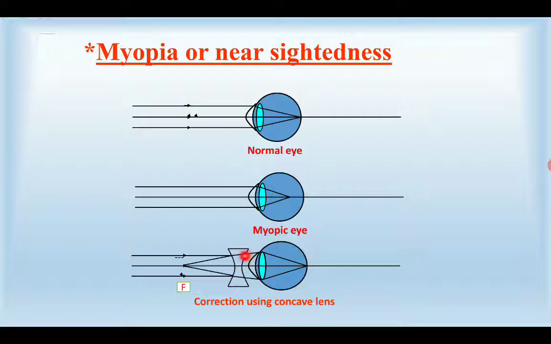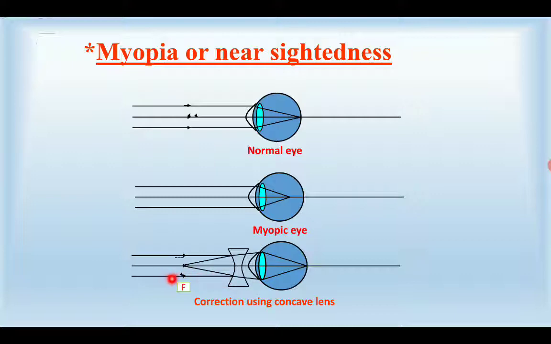Now we know that the concave lens forms a virtual and erect image of the object. So the rays are diverged and a virtual image is formed over here. This is the new position of the virtual object for the human eye.